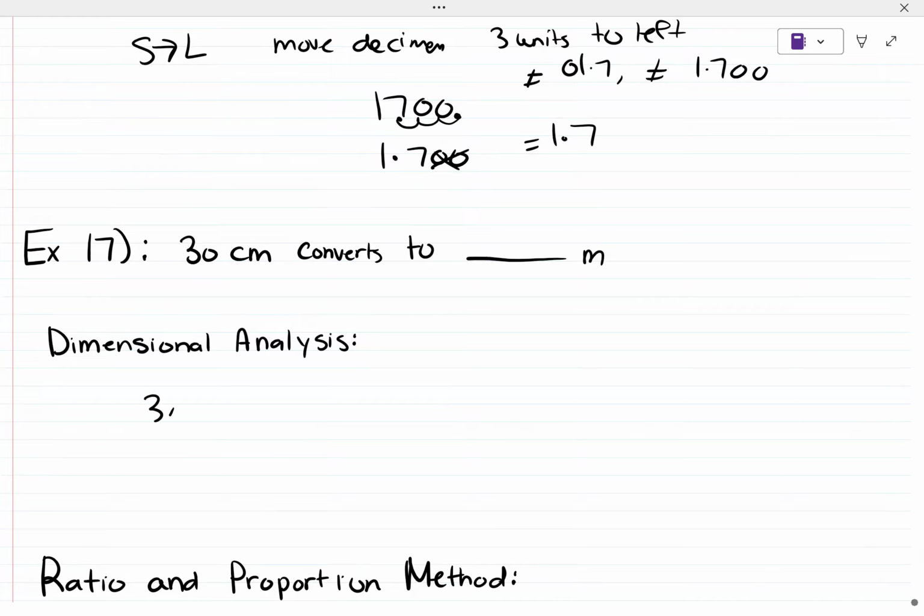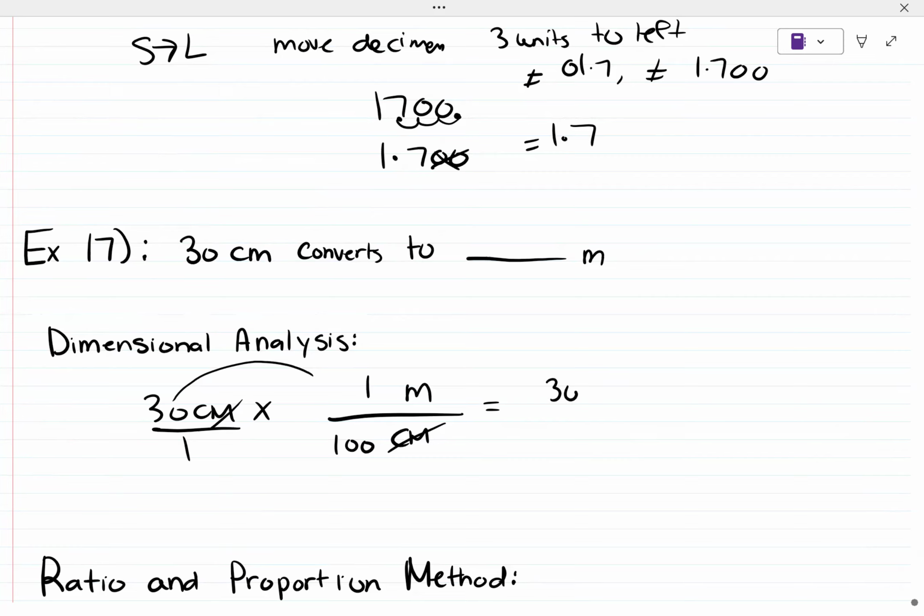We could say 30 centimeters times centimeters on the bottom and then meters on the top, and put a little 1 here. What's the relationship between meters and centimeters? We know that for 1 meter, there's exactly 100 centimeters based on the chart. So the centimeters disappear and then you multiply across.